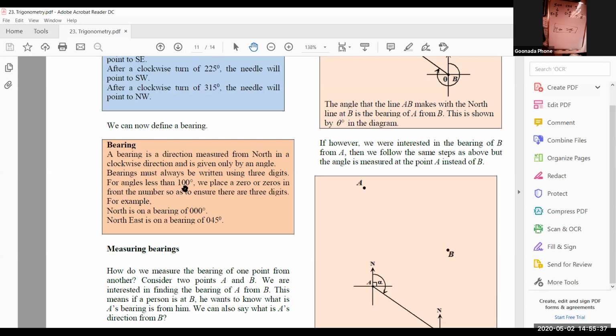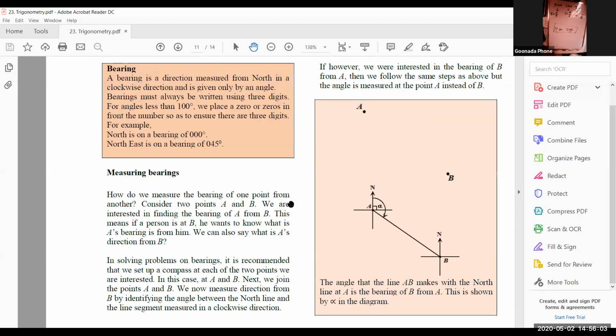So for angles less than 100 degrees, we place a 0 or zeros in front of the number to ensure that there are 3 digits. For example, north is on a bearing of 000 degrees. Northeast is on a bearing of 045 degrees. So it must have 3 digits. Make sure you remember that, right?